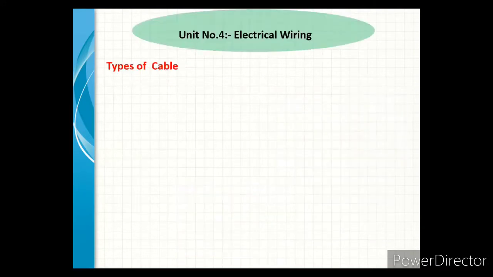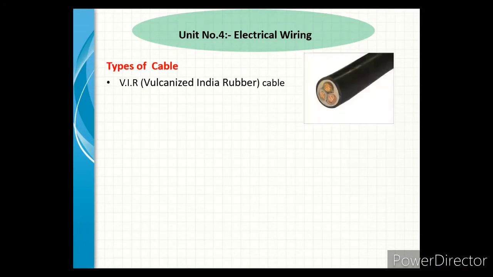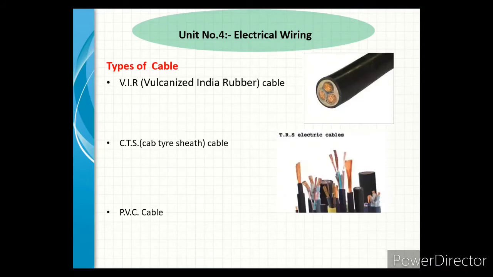Next we see the types of cables. First is VIR cable, vulcanized India rubber cable. Second one is CTS, cab tyre sheathed cable. Third one is PVC cable.